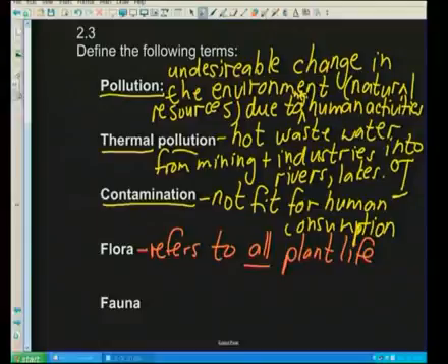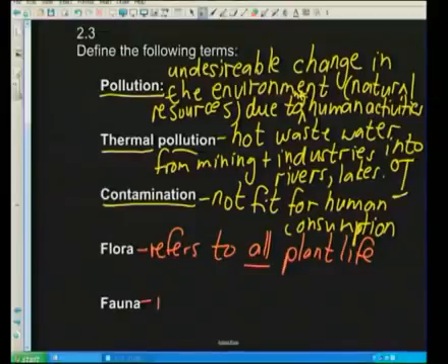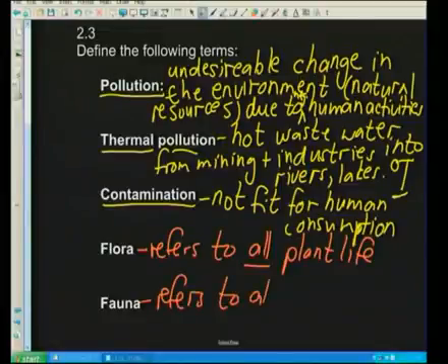So when you talk about the fauna and the flora of our country, or the flora of Namaqualand, that's where we have all these beautiful wildflowers we were talking about earlier on. Then the fauna obviously refers to all animal life.